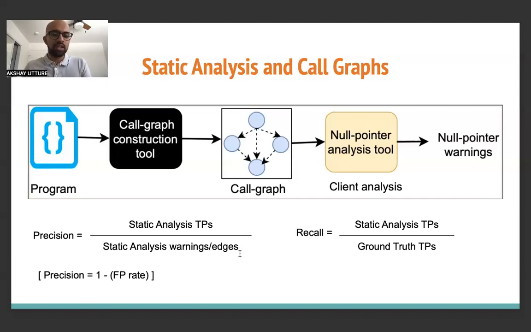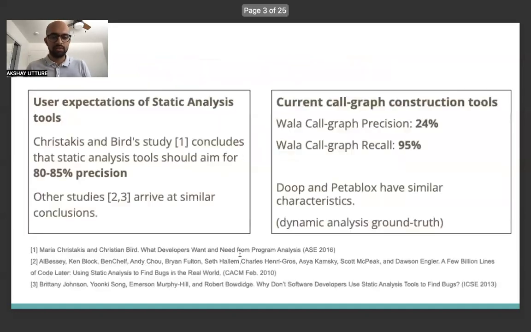So we can clearly see that based on this pipeline, the quality of the call graph will directly affect the quality of the null pointer warnings produced. For example, a null pointer analysis could predict a false positive warning because of a false positive edge in the call graph.